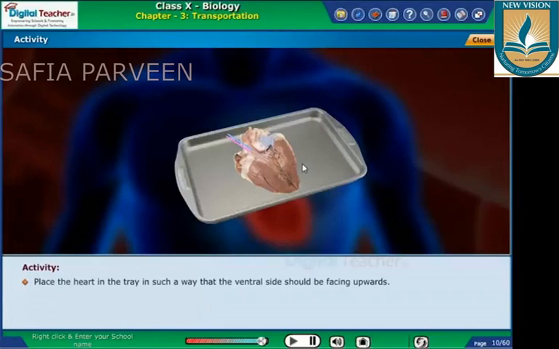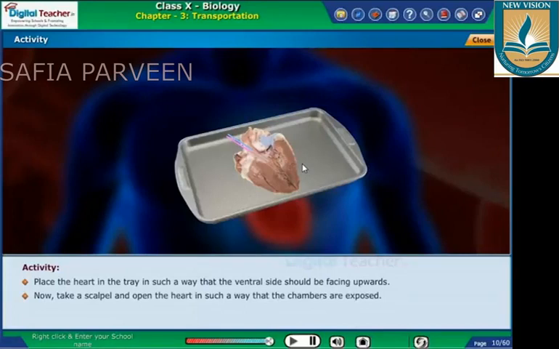Now we need to keep the heart in the tray in such a way that the ventral side is facing upwards. Now slowly we need to cut the heart to open and see the chambers. For this we need the scalpel, the long blade used for dissection purposes. We'll take the scalpel and cut the heart.